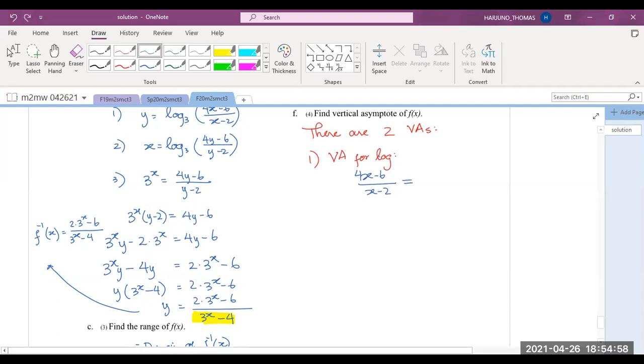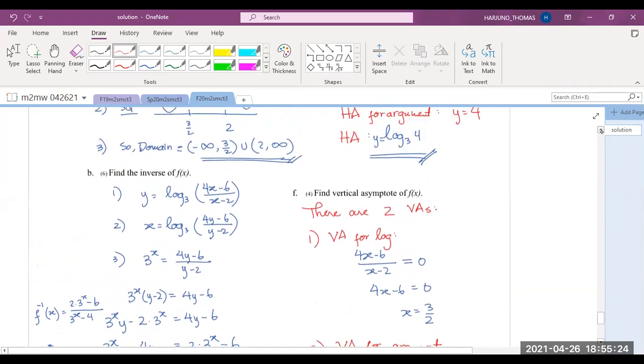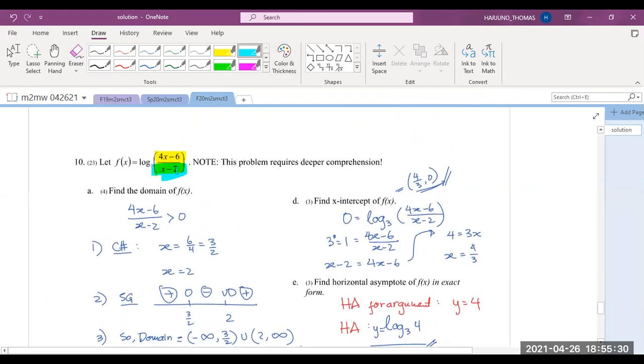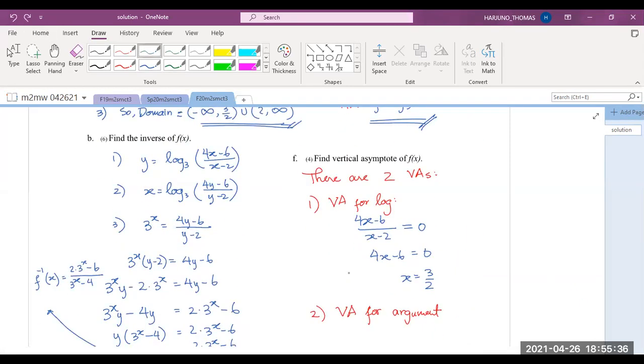That's when the argument equals 0, which is basically when x equals 3/2. Now, the second one is the vertical asymptote resulting from the argument. Notice that you have a vertical asymptote here, x equals 2. So there are two vertical asymptotes.